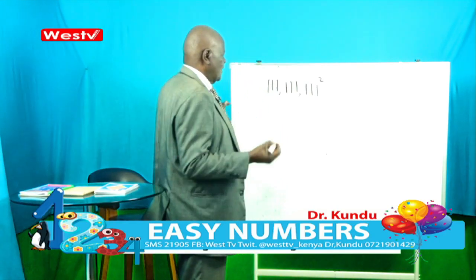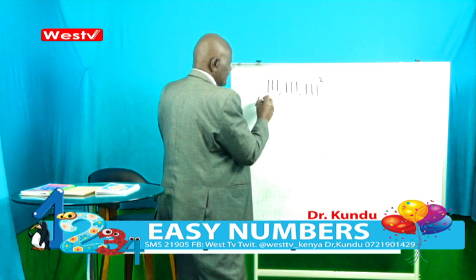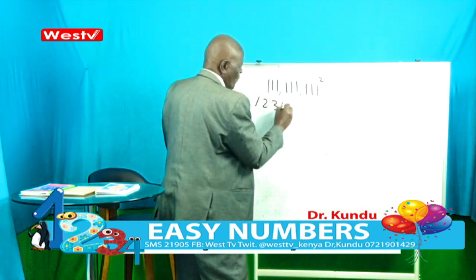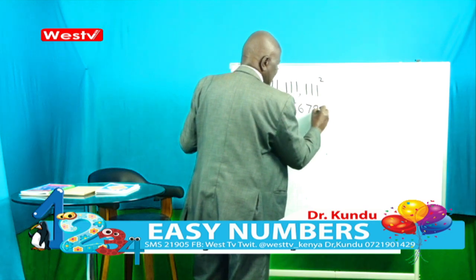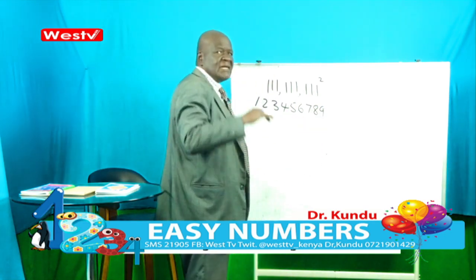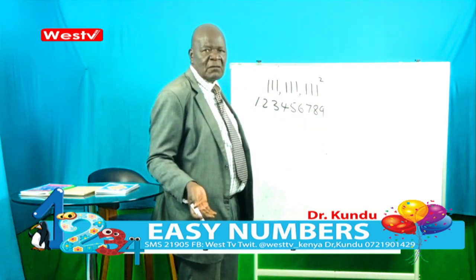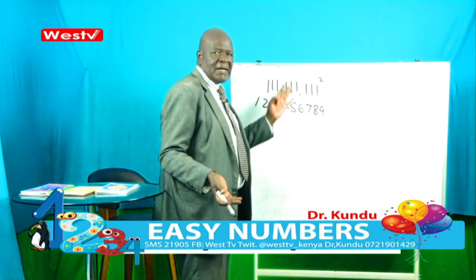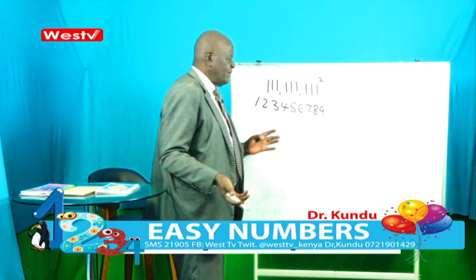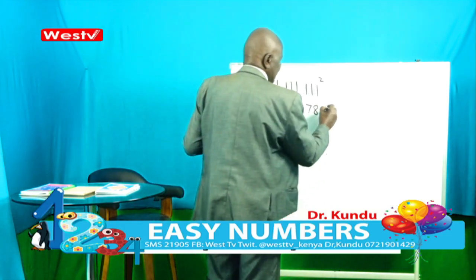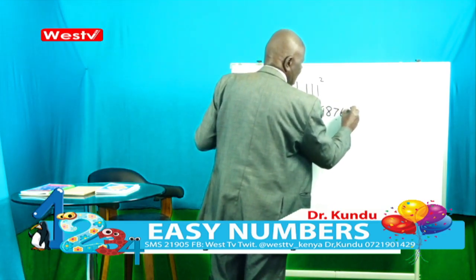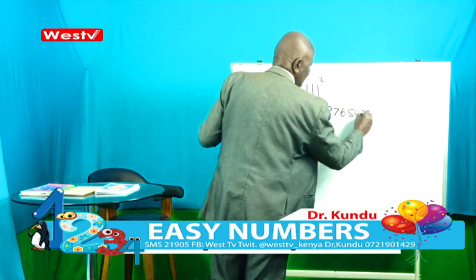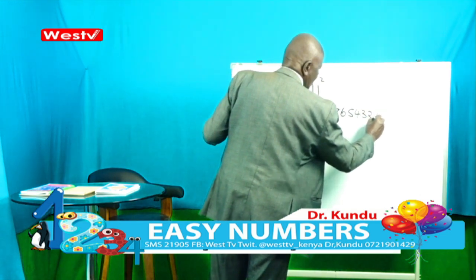And therefore, he will be climbing stair 1, stair 2, stair 3, stair 4, stair 5, stair 6, stair 7, stair 8, stair 9. That's the highest stair he can go. And so he goes back again to where he came from by going to stair 8, stair 7, stair 6, stair 5, stair 4, stair 3, stair 2, stair 1.